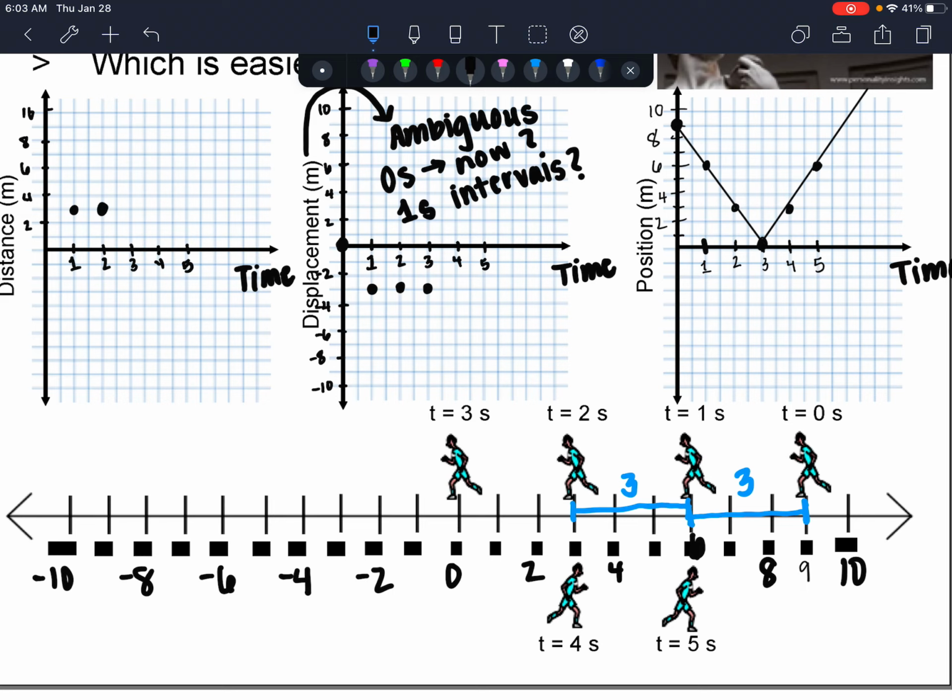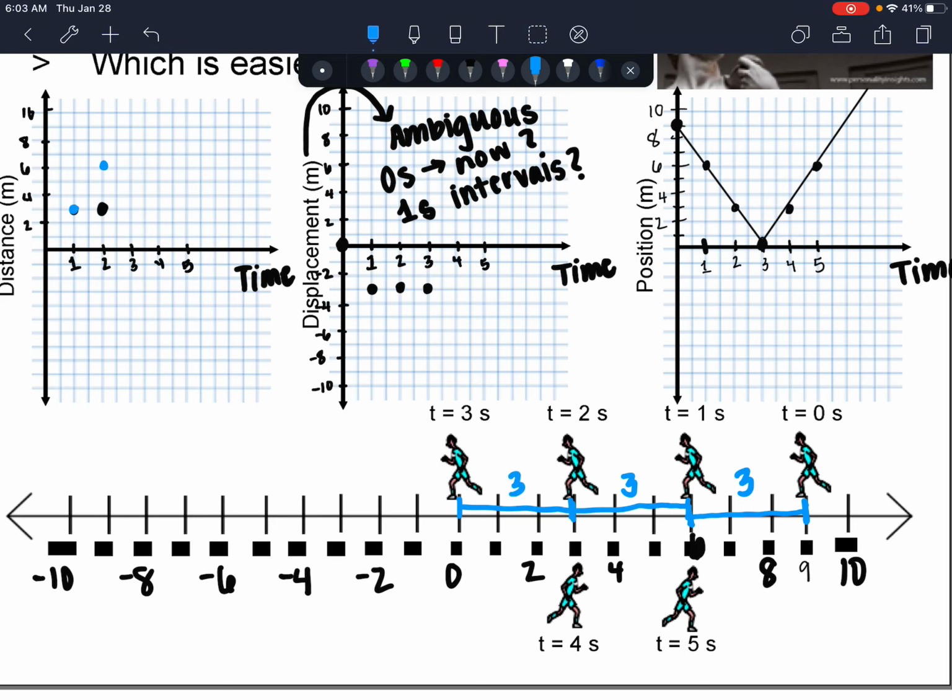Now, if I were to do my length of travel from 0 seconds, then my length of travel would have been 6. So maybe I should plot two data points, I guess. I could do 3, and then I could do 6, my length of travel. And then from 0 to 3 seconds, or I guess, I don't know, this is too confusing.